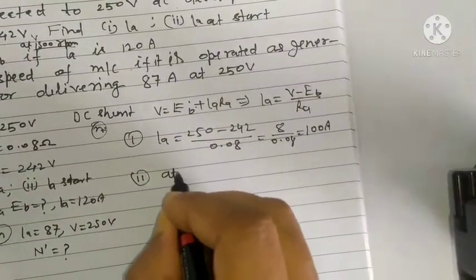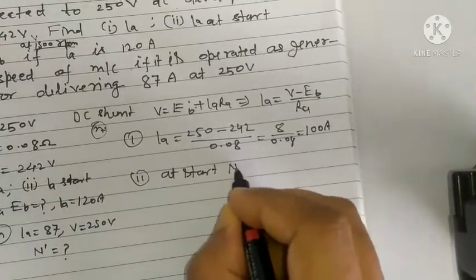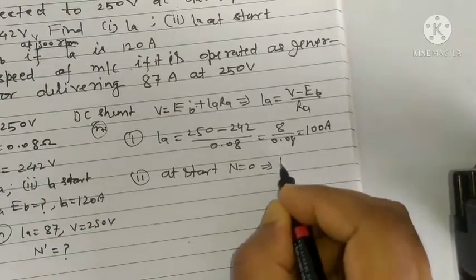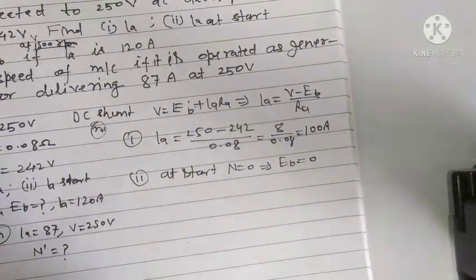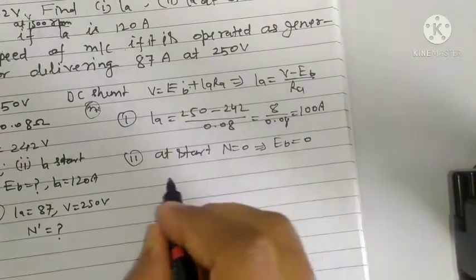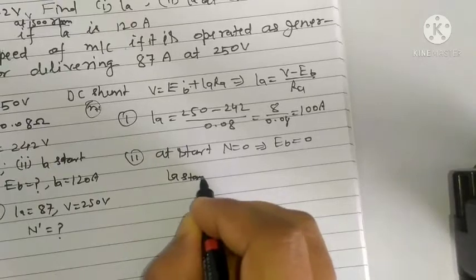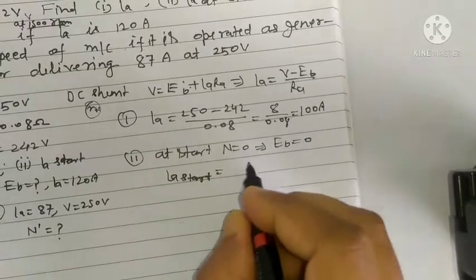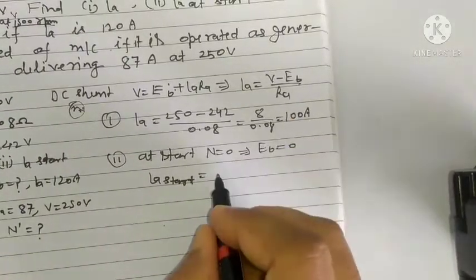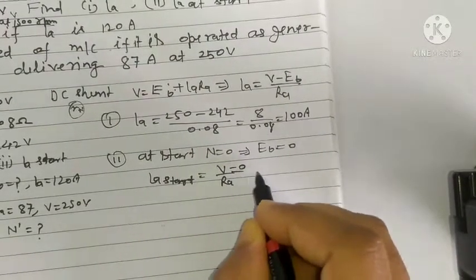Second, at start, N is 0. So this implies back EMF will be 0, because back EMF is directly proportional to speed. Therefore, Ia at start will be given by V minus 0 by Ra.